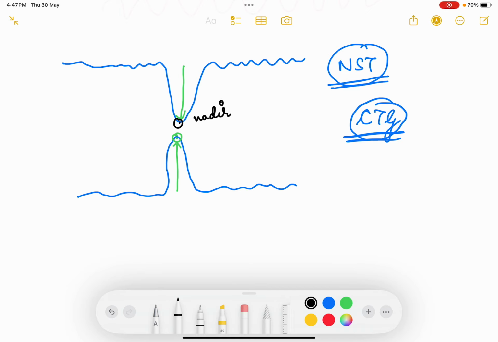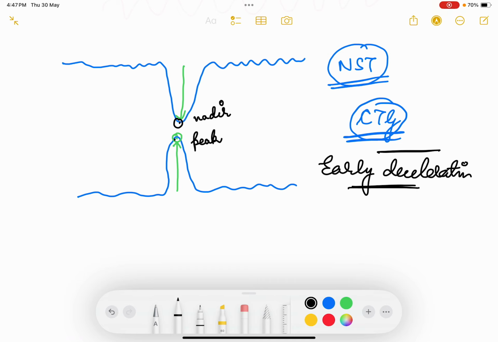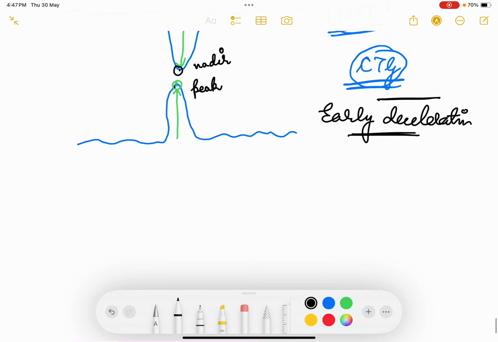So nadir of the deceleration and the peak of the contraction are coinciding, then you say it is an early deceleration, because with every uterine contraction, the blood flow to the fetus decreases because uterine muscles are contracting. So when blood flow to the fetus is decreased, at the same time the heart rate will decrease. So it is an early deceleration.